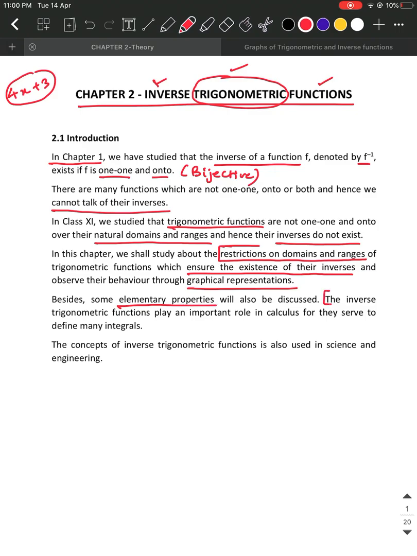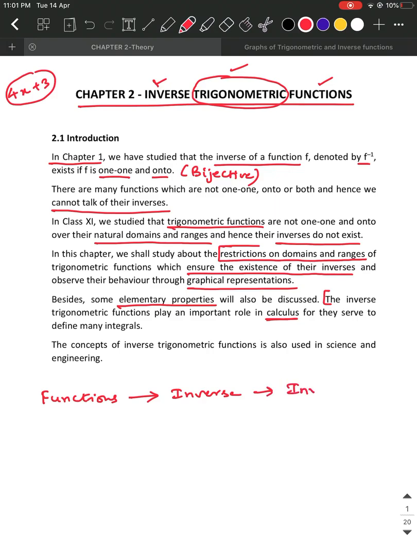This point says the inverse of trigonometric function plays an important role in calculus as they serve to define many integrals. If you look at the order, the basic of everything is functions. Before that, obviously relations. From relations you get functions. In functions, one of the types we discuss is inverse.